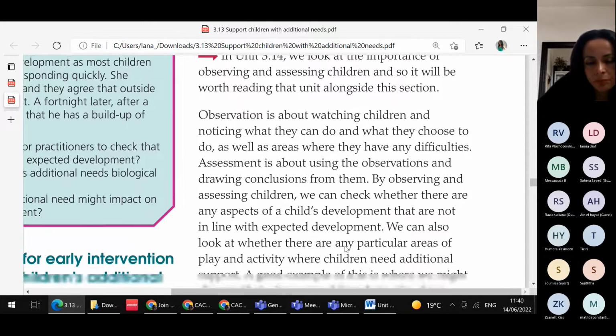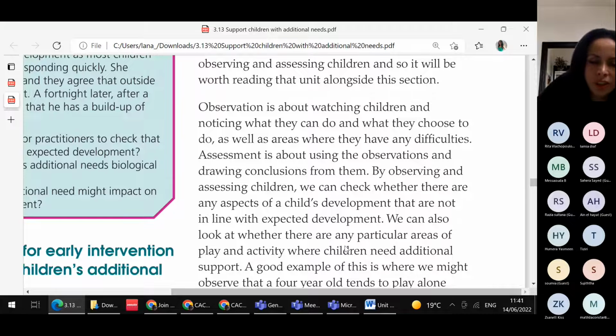Also assessment. So for us, observation is about watching, monitoring the child, noticing if there is something.